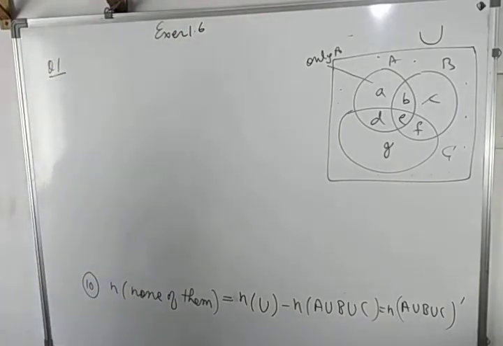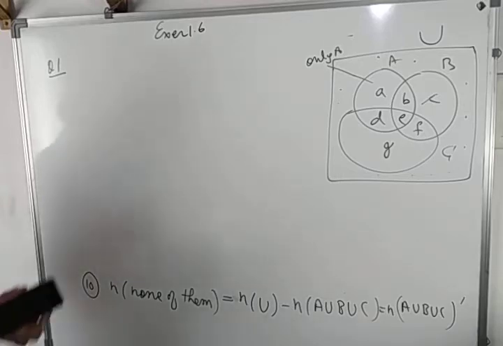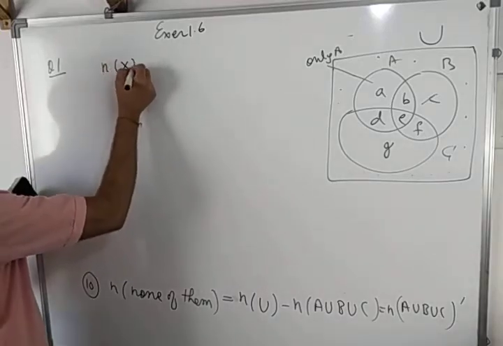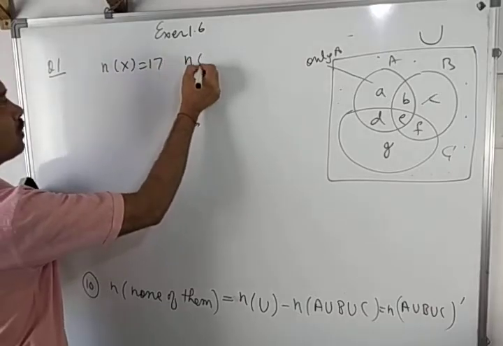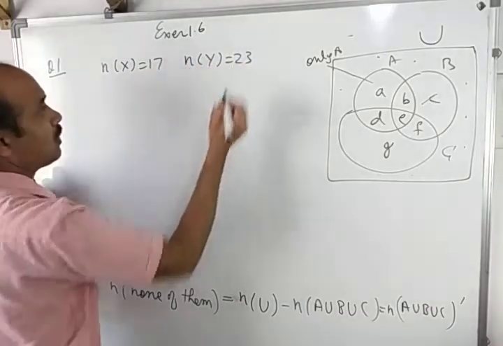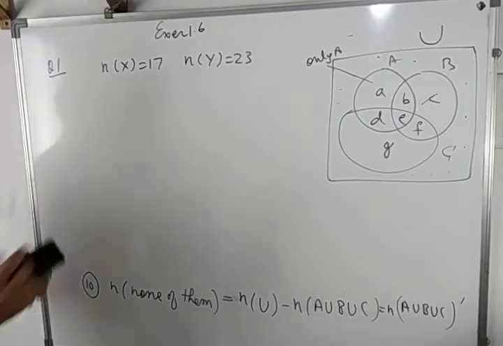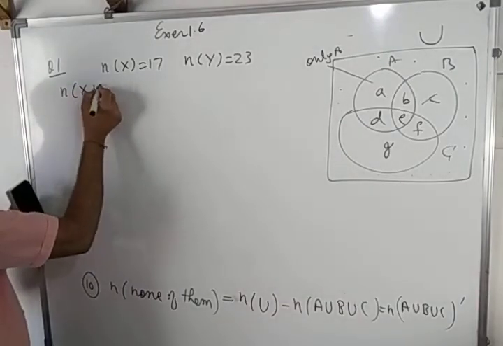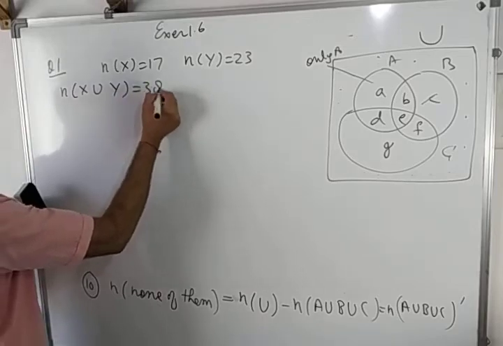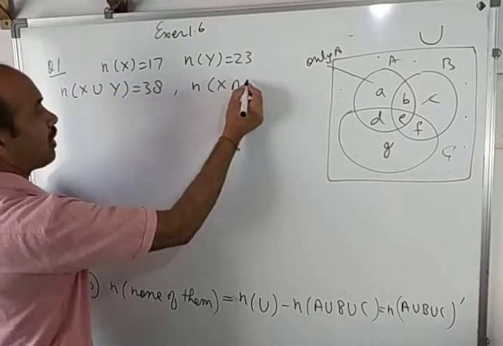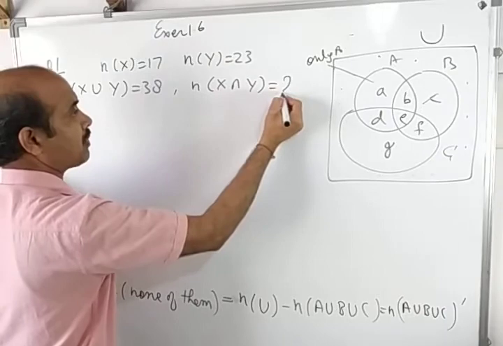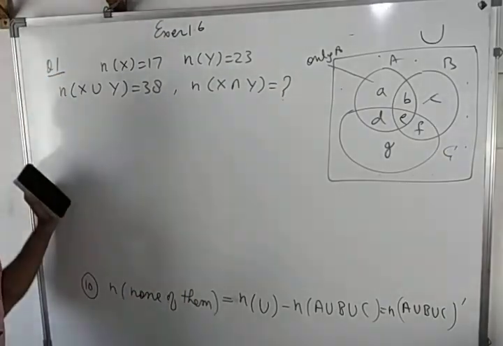It is given that x and y are 2 sets. X is having 17 and y is having 23 elements, and their union is having 38. And we have to find the number of elements which are in their intersection.